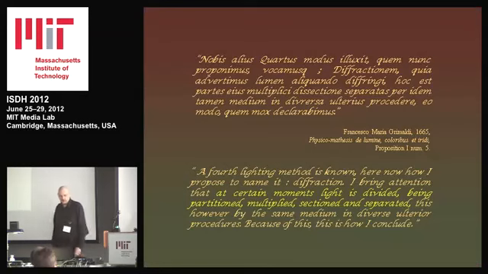And his definition of diffraction is very interesting. At certain moments, light is divided, being partitioned, multiplied, sectioned, and separated. I would say that with our modern eyes, this is a very simplistic definition. Ours is maybe more complex, but if you think about it, it's still valid, it's still true, maybe incomplete, but still true.